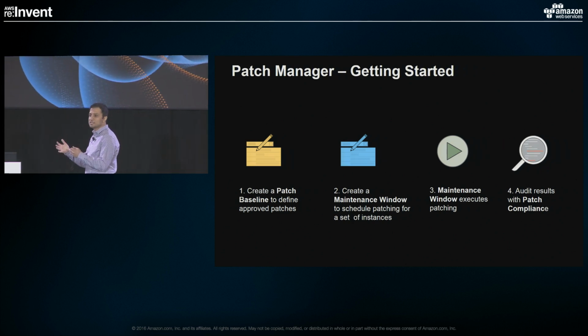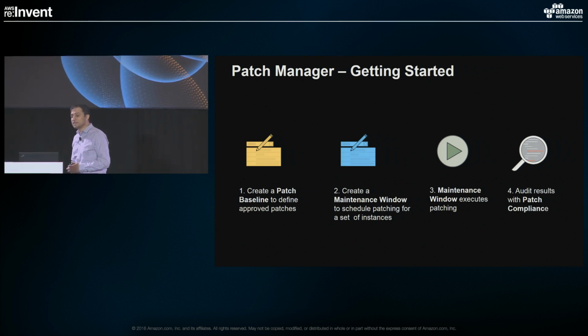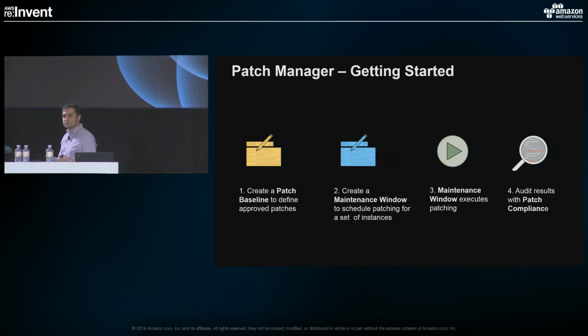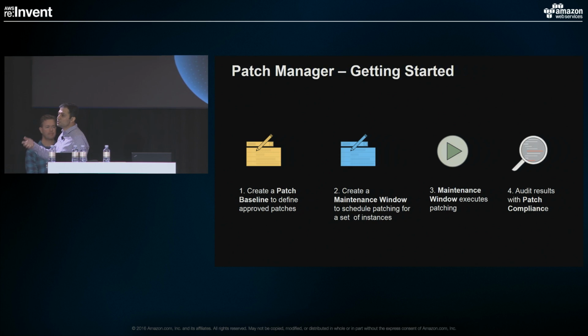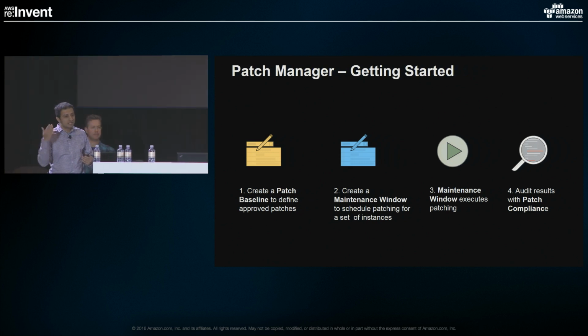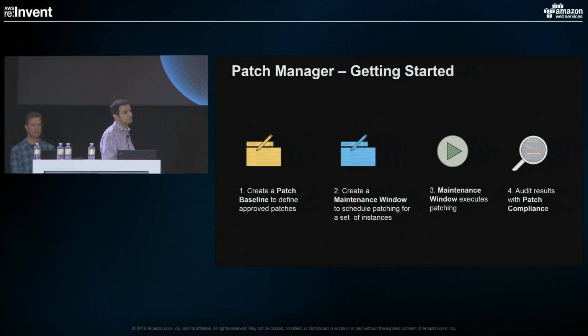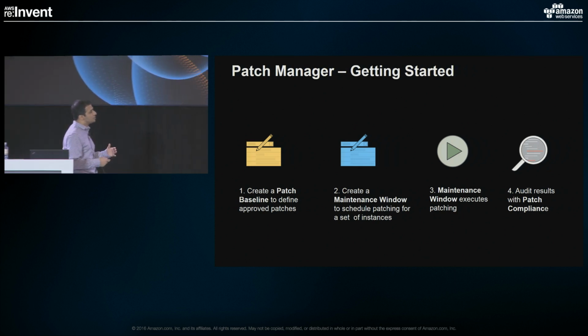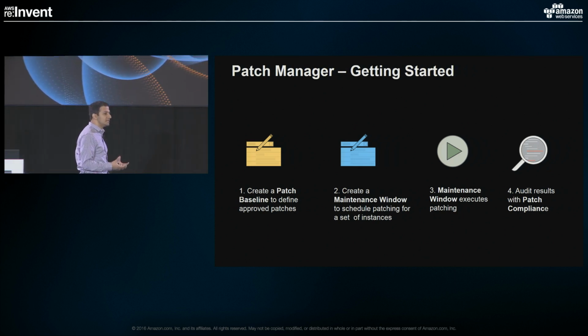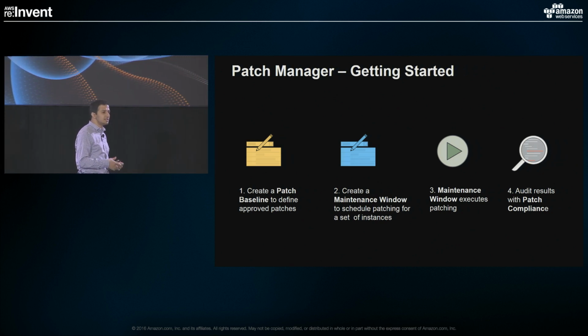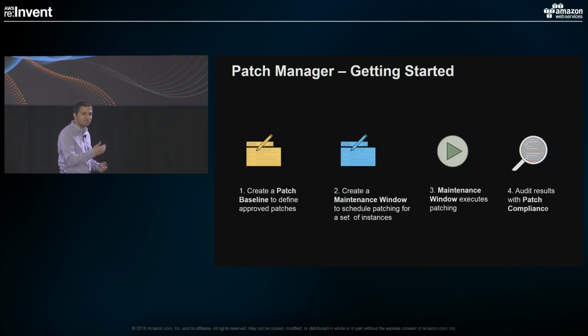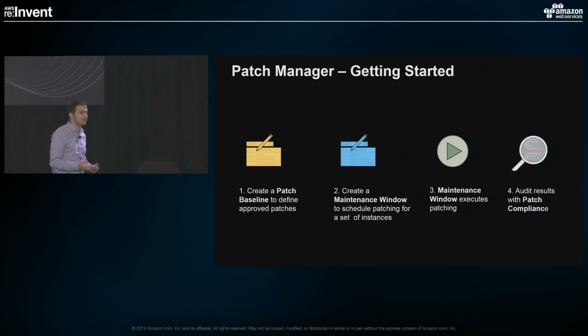Once you've created baseline or baselines, what you can then do is you can use maintenance window, which we'll talk about in a bit, to schedule the patching on some cadence that you want to patch your systems in. And then once you have scheduled the baseline with a maintenance window, the last step is to actually execute and then view the results. And that's where we have the patch compliance set of APIs that will let you view the results of your patching.